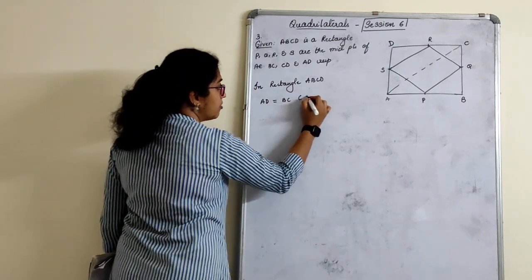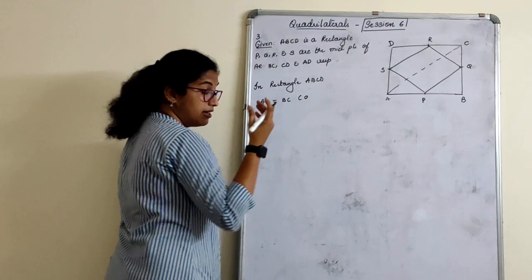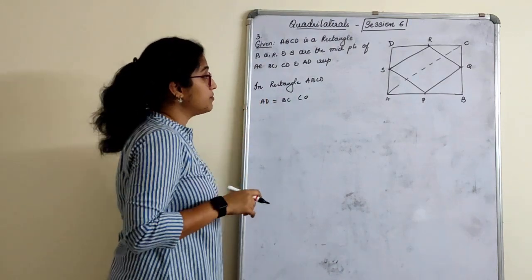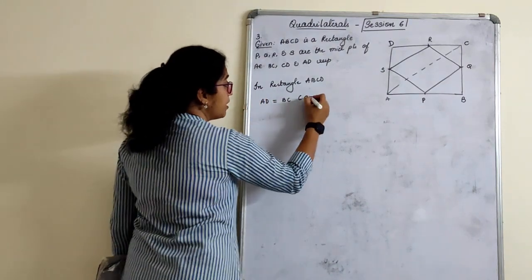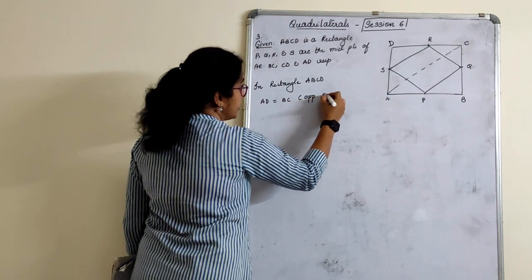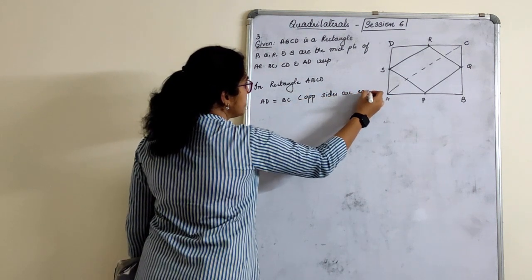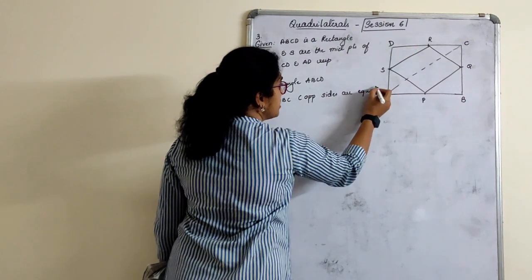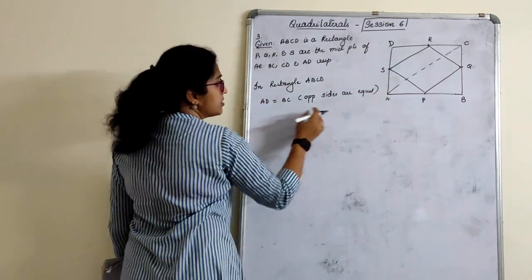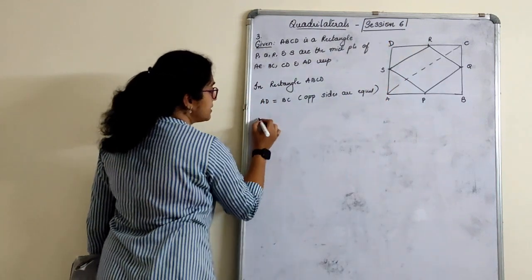Reason: opposite sides are equal. Any side you can choose; AB is equal to CD also you can use. I have chosen AD is equal to BC.